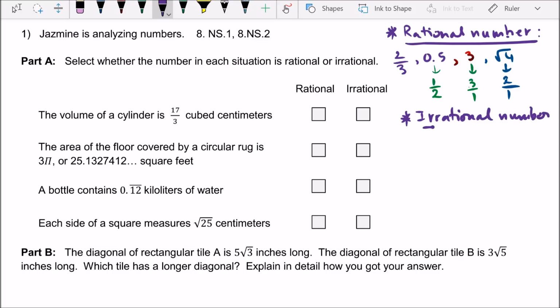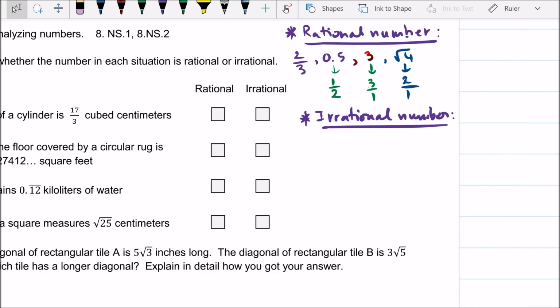Okay, I want to add a few more examples to my rational numbers. If you have a decimal, let's say 0.25, if it ends, then you can write it in fraction form, which is 25/100. So this is a rational number. Or you can have 0.252525 repeated multiple times, so I put the bar on top.